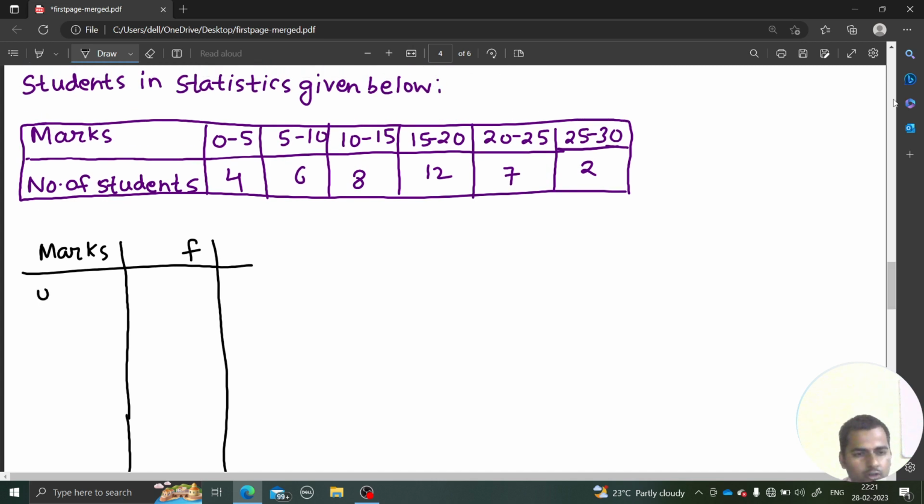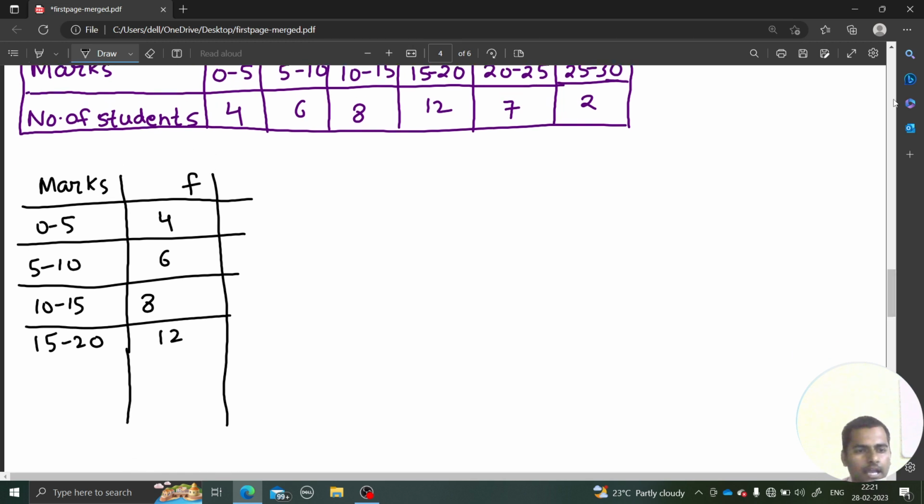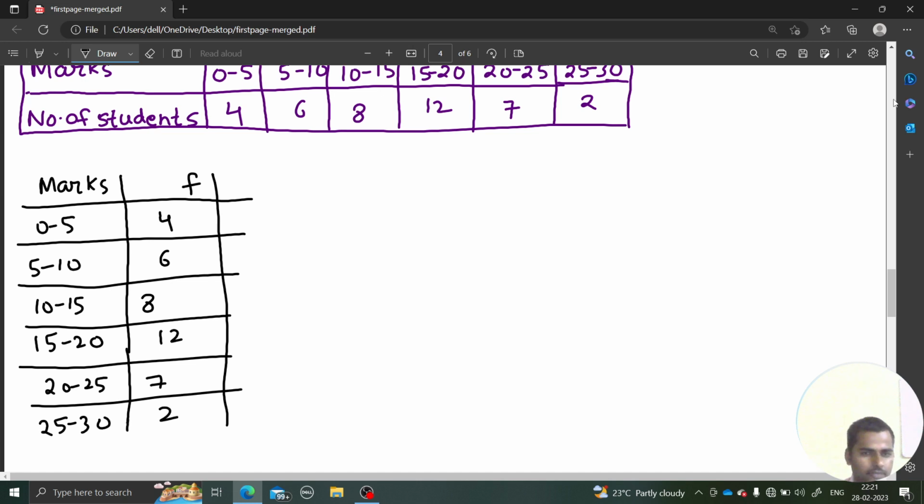Now 0 to 5, how many? 4 students. Then 5 to 10, I have 6 students. Then 10 to 15, I have 8 students. Then 15 to 20, I have 12 students. And then 20 to 25, I have 7 students, and finally 25 to 30, I have 2 students.